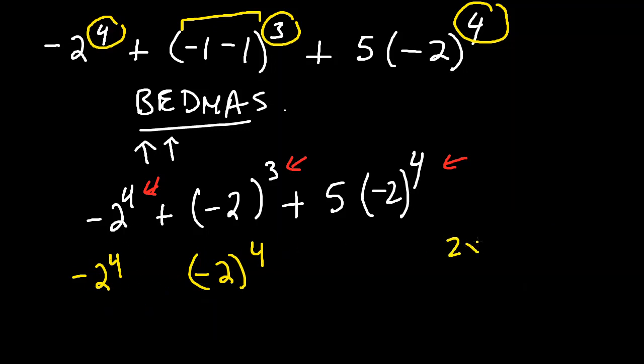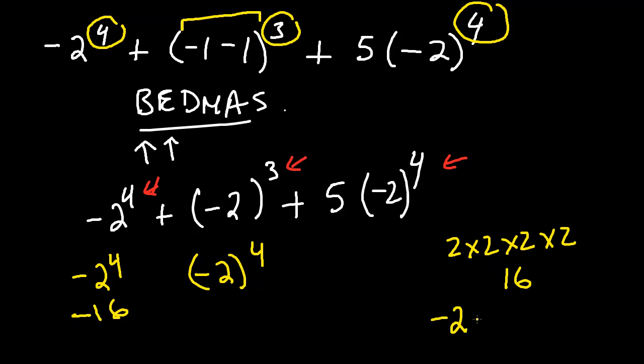This would be 2 times 2 times 2 times 2, because the exponent 4 is only applied to the 2. So what does this give us? Well, 2 times 2 is 4, times 2 is 8, times 2 is 16. So that gives us a 16, and then we have a negative up front. So the answer to this problem would be minus 16. Now let's look at this problem.